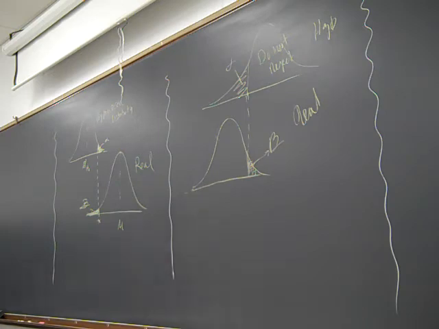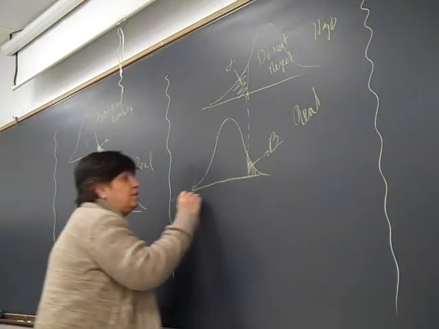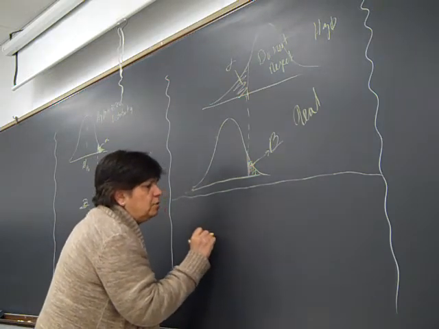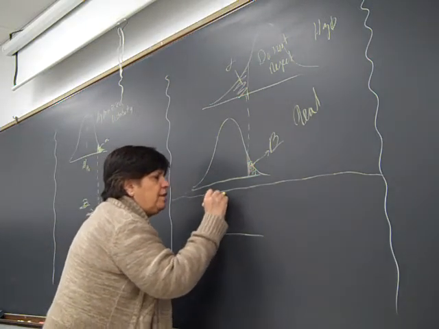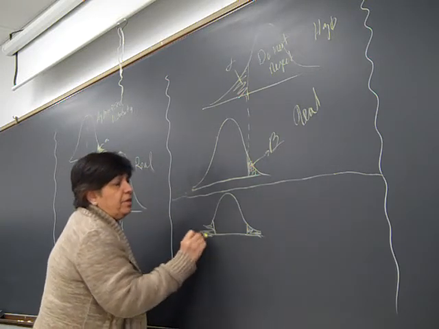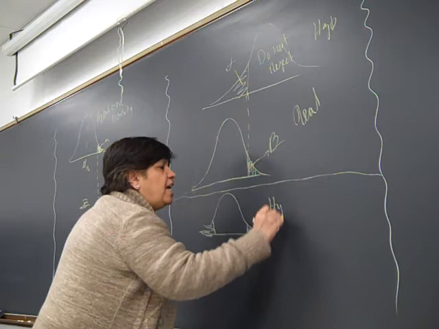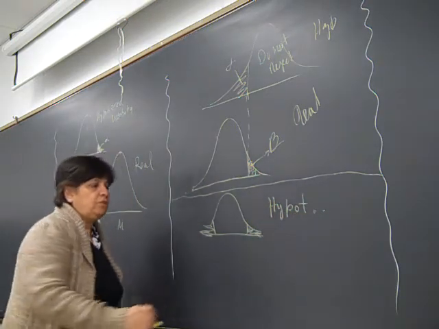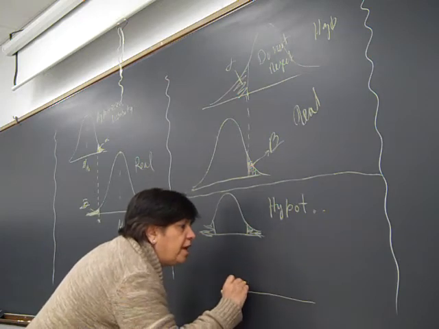Basically. What happens in the two-tailed test? I have to draw it right here in order for you to see it. Let's say that you have a two-tailed test, and this is a hypothesized distribution. Let's say that the real distribution is right here.